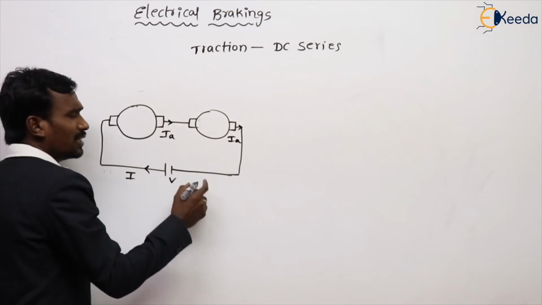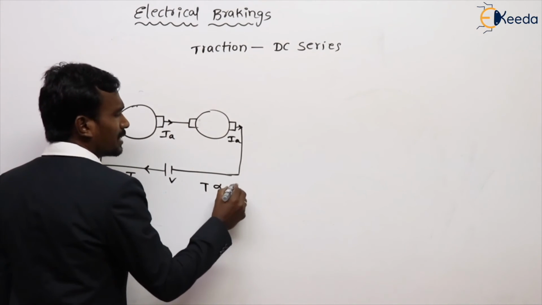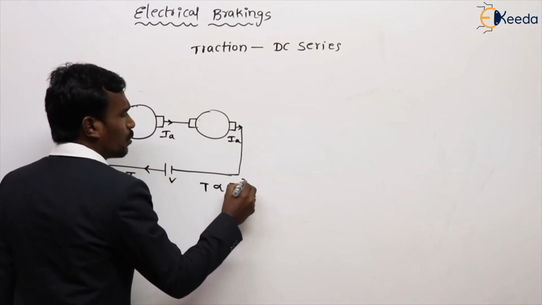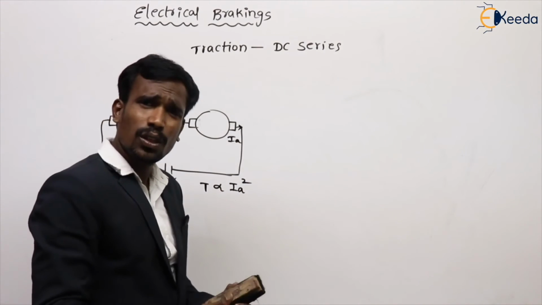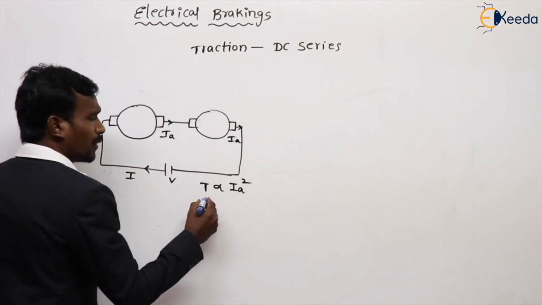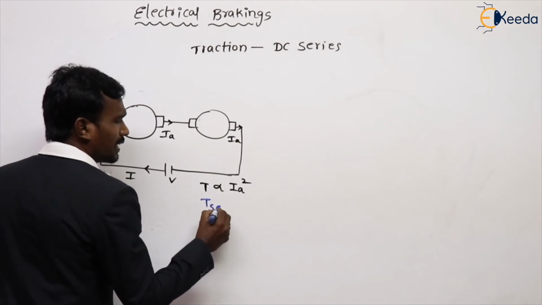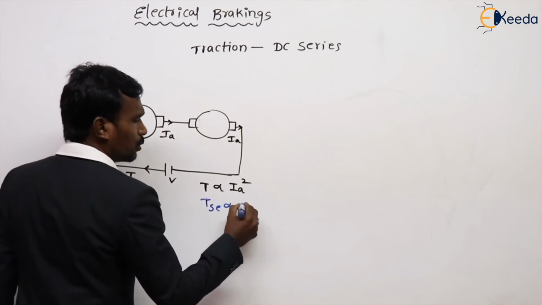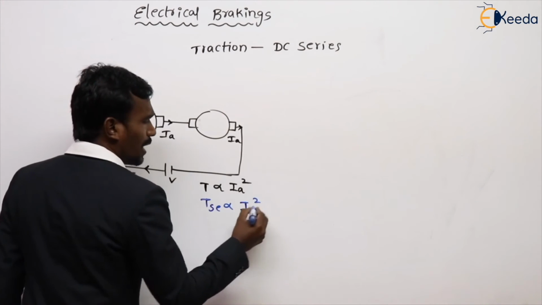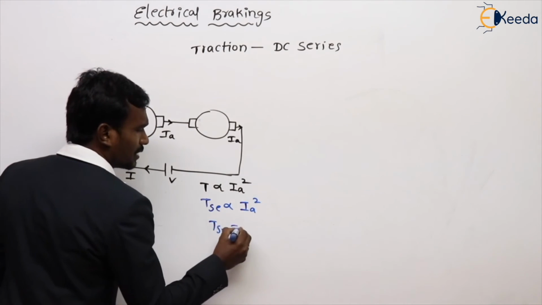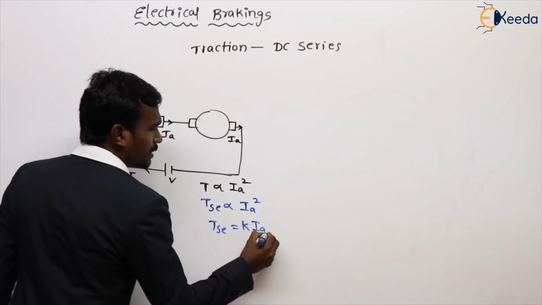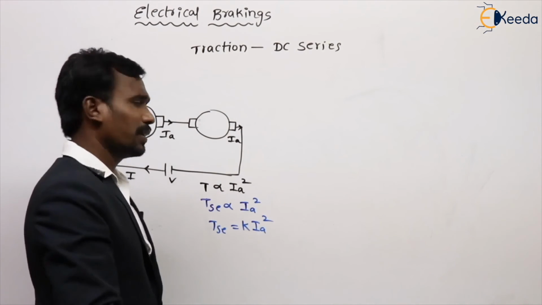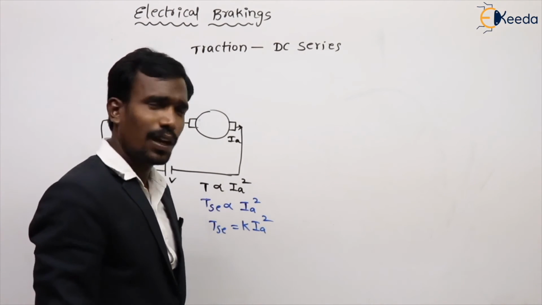At this condition, we know the torque is directly proportional to IA square. Then the series torque equals some K times IA square. Just remember this. Are you okay?